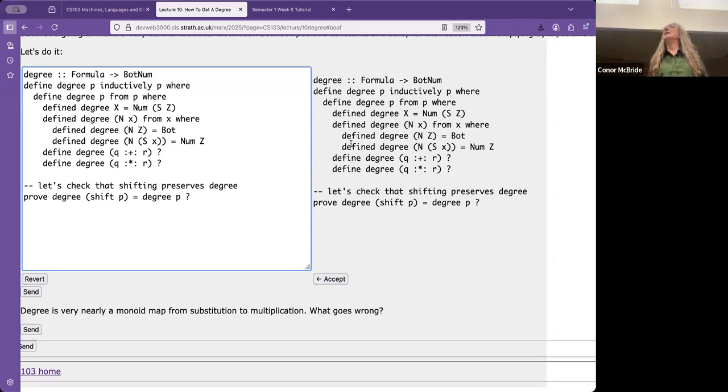Last week for your homework, you manufactured some gadgets relating to botnums, and I was very carefully trying to line you up with the right tools to do this particular job. So what do you think we should use to compute the degree of a sum?